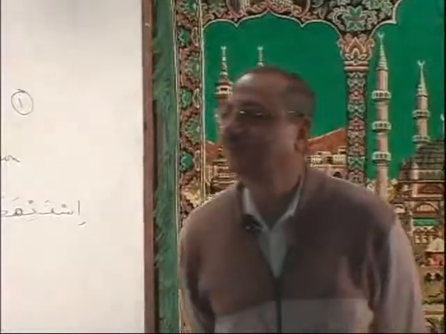Majzum. Why is it majzum? What will you say? Fi'lu shart. Where is the shart? Where is the shart? Man. What is man? Ismu shart. Tajzimu fi'l. Whosoever does a mithqala dharratin, an atom's worth of good.